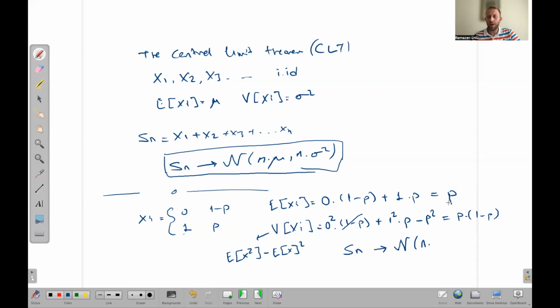The expected value of xi, which is p, and the variance is p times 1 minus p. So I have n of them, that will be n times p times 1 minus p. Okay? So by using the central limit theorem, we can approximate that binomial distribution to the normal distribution with these parameters.